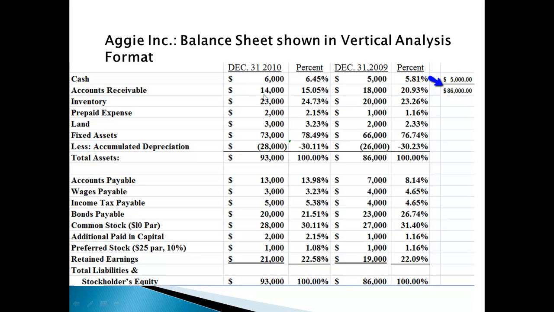Same thing here in 2010. Cash is $6,000 over $93,000, or 6.45%. Accounts receivable is $14,000 divided by $93,000, or 15.05%. So we can see inventories as a percentage of assets is decreasing over time. And you will do that for each account in the balance sheet.